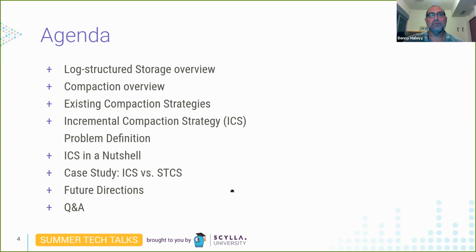And we will give an overview of ICS in a nutshell. And finally, we'll show you some numbers where we compared ICS to STCS using a write workload. And we will go over some future directions we are working on. And finally, we can answer your questions. So again, feel free to write these questions up while we're talking.